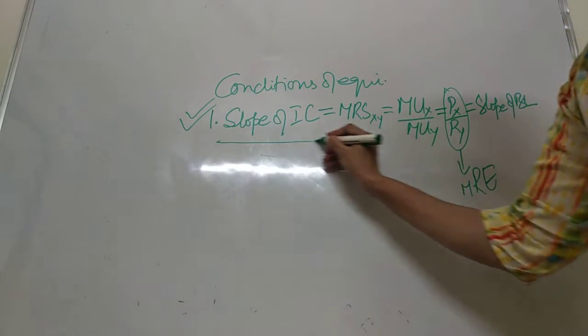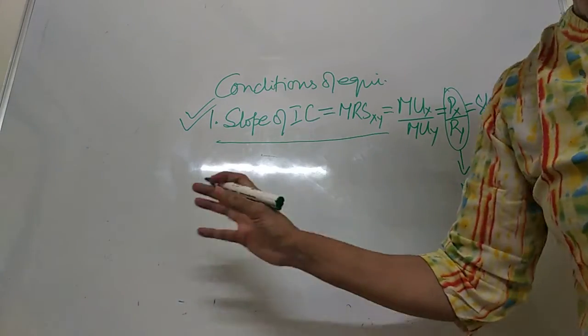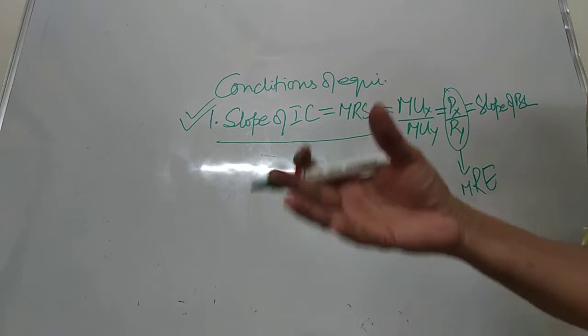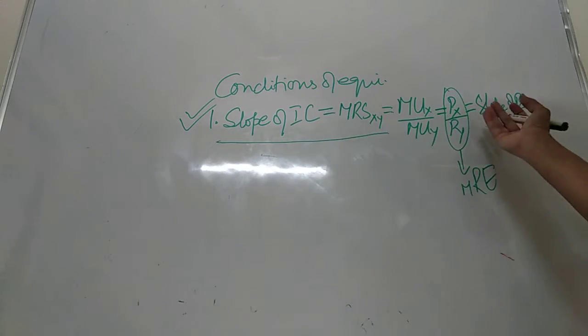Now, what does this condition mean? Where will the slope of IC be equal to the slope of budget line?